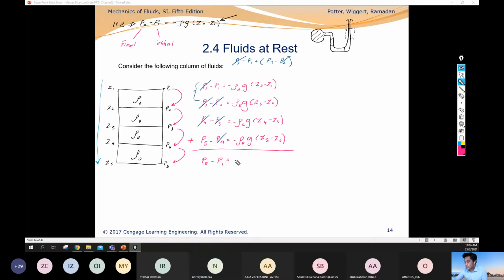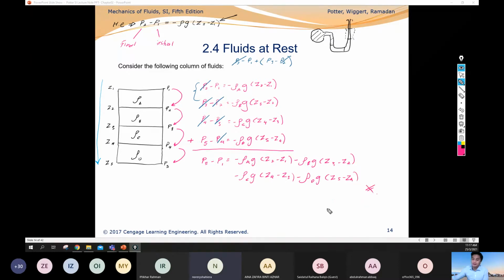So you try to plus everything here. So you try to plus negative rho A G Z2 minus Z1 plus minus rho B G Z3 minus Z2 minus rho C G Z4 minus Z3 and finally rho D G Z5 minus Z4.